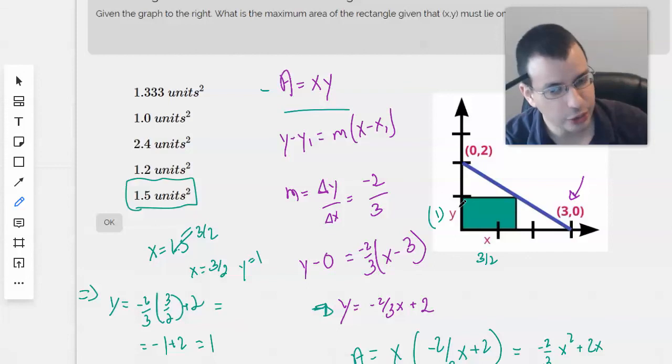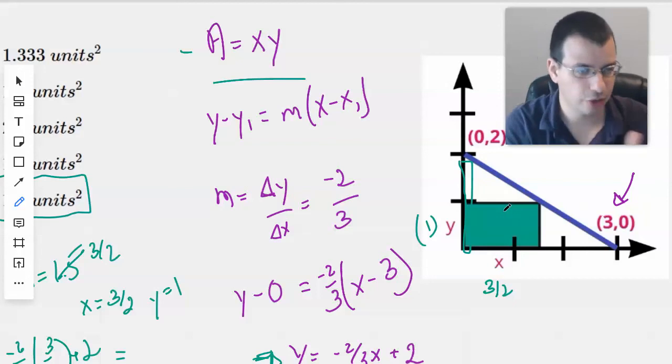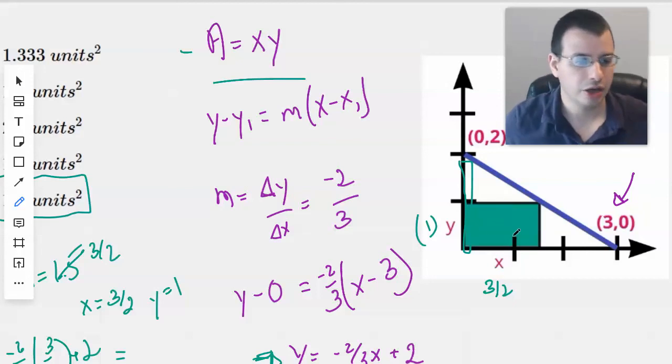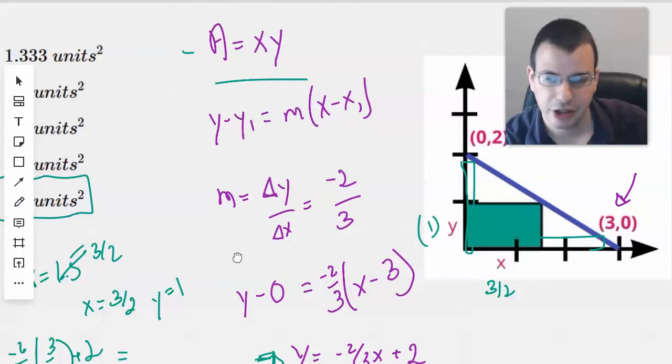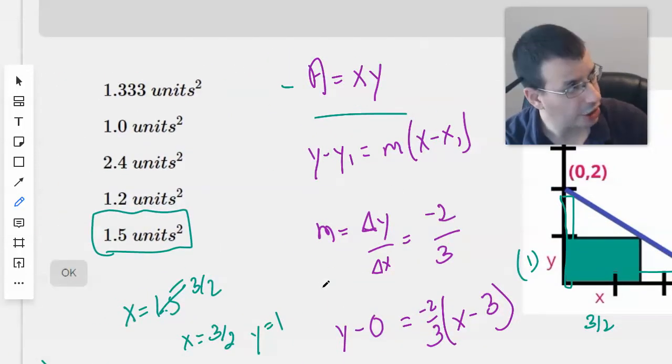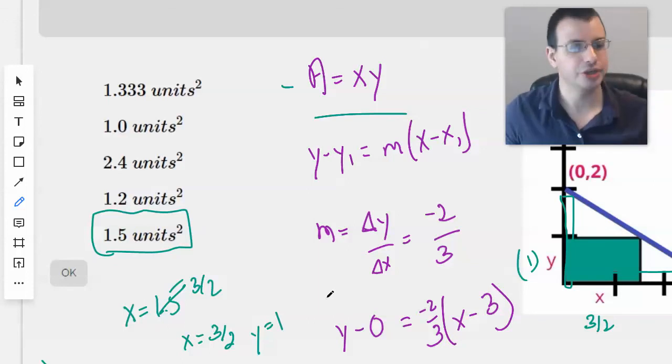Now, we could tell that it wasn't a minimum just because you can look at this and see that it would be too thin. If it goes too much the other way, then you'd have too short, and it just wouldn't maximize the area. The most efficient shape for surface area with respect to area is a circle.